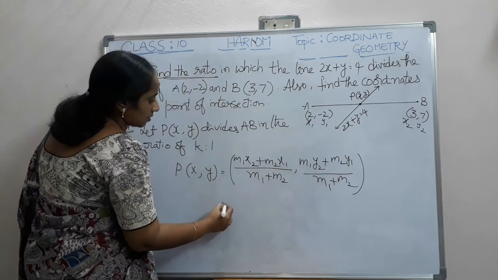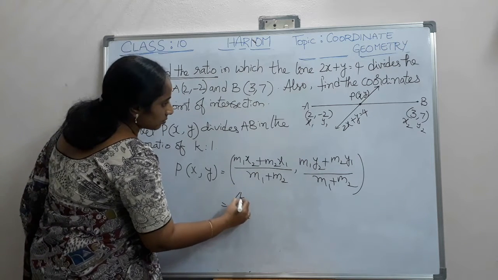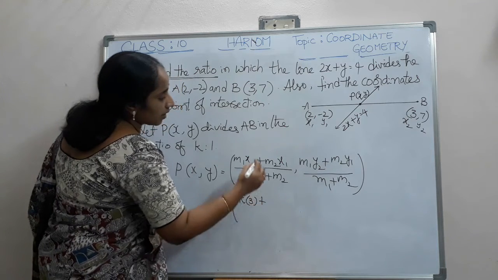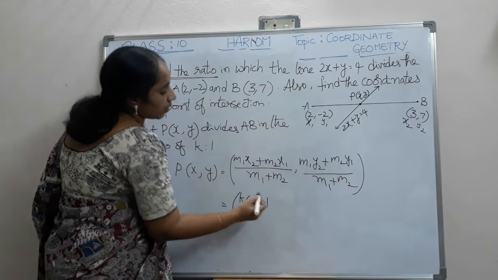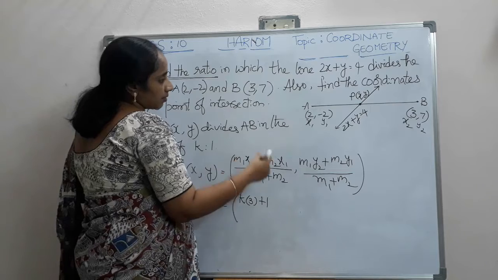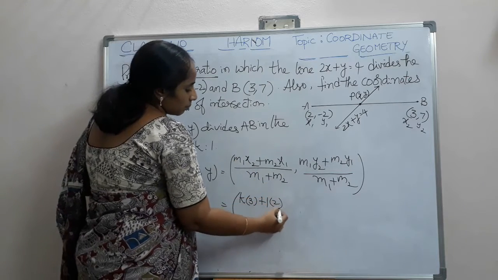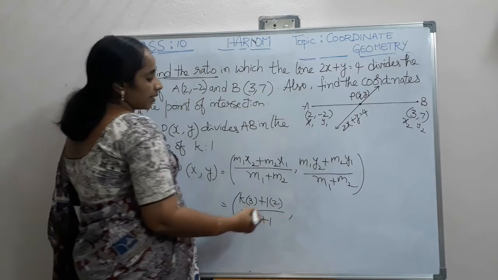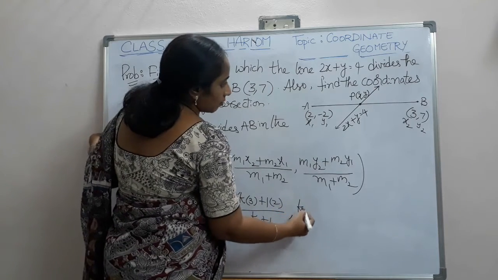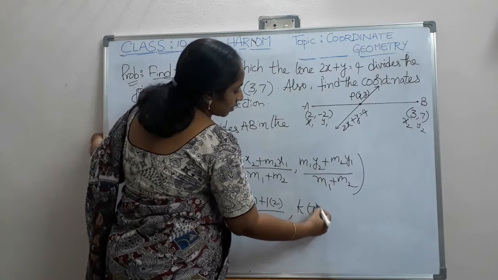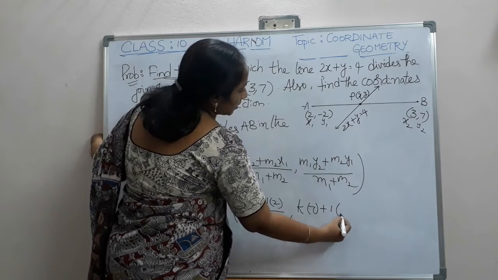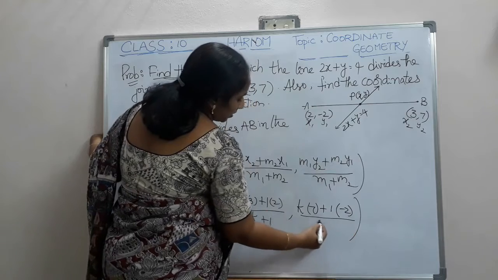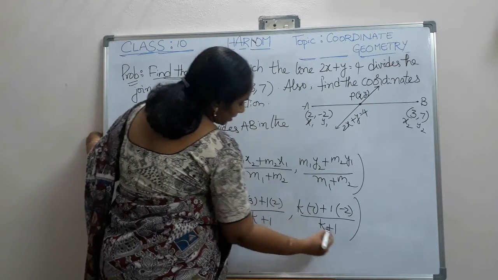That is k into x2, 3, plus m2, 1, into x1, 2, by k plus 1, and k into y2, 7, plus 1 into y1, minus 2, by k plus 1.